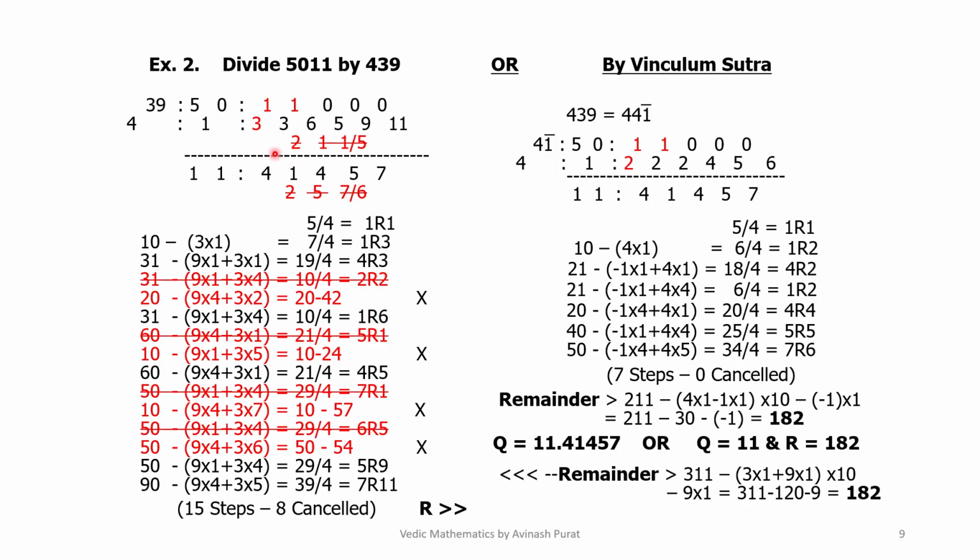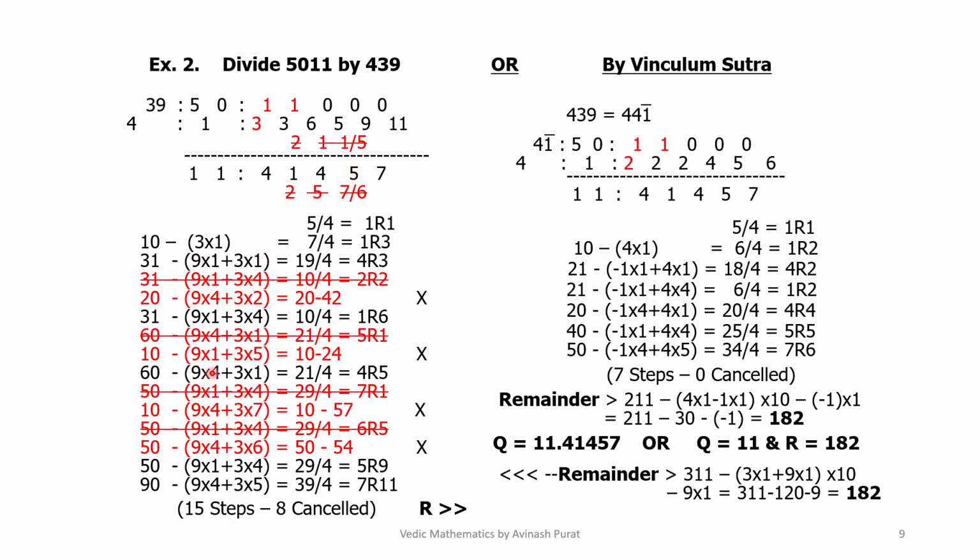Now 60 is dividend minus 9 into 4 plus 3 into 1, that is 36 plus 3, 39. 60 minus 39 is 21. 21 divided by 4 equal to 5 quotient and 1 remainder.